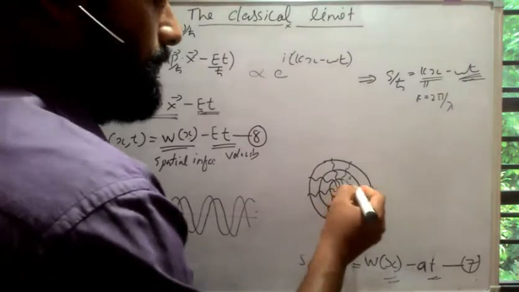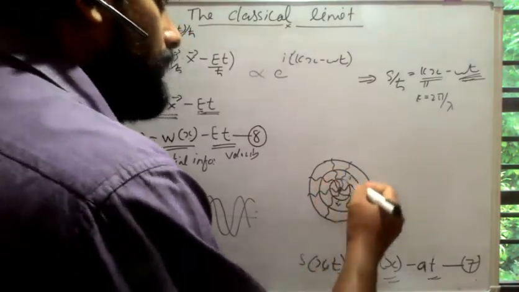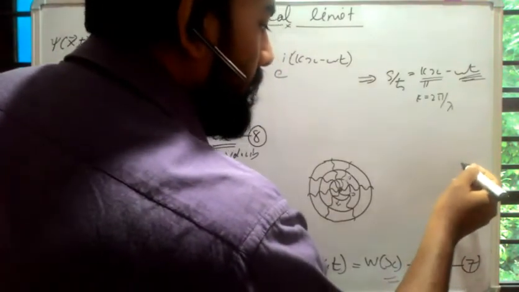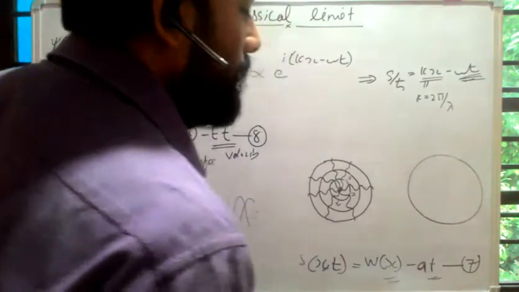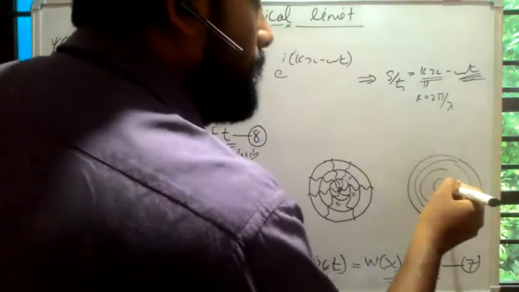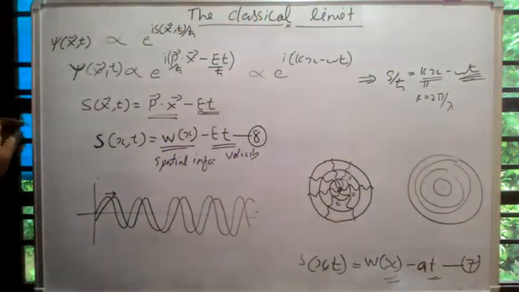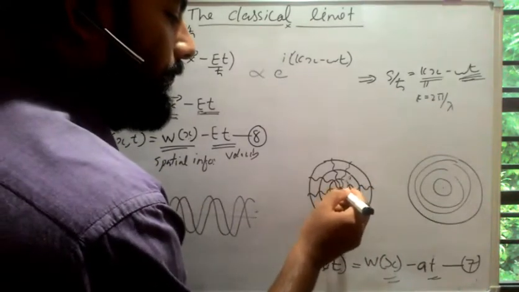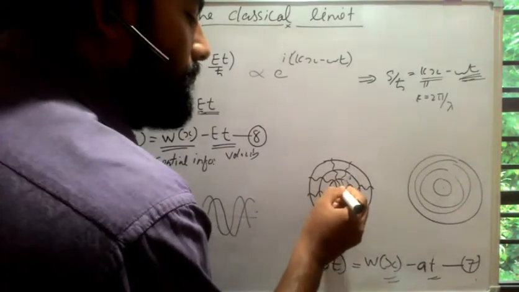These concentric circles advance like when I drop a stone in a calm pool of water, and the circular ripples spread out from the point of impact. I can compare this with this one. Here this is the probability of finding the particle, and here this is the wave function.